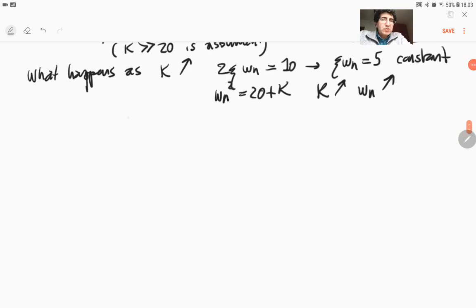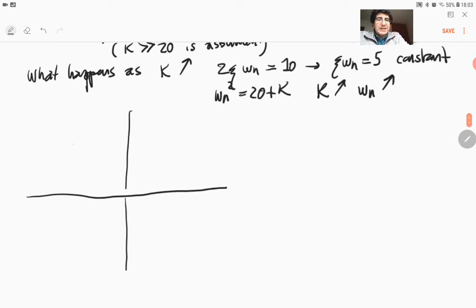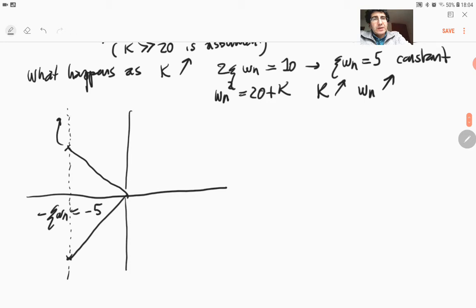So if we want to sketch the pole zero diagram, we see that psi omega n, which is the real part of the poles, is equal to minus 5. So this is constant over here. But as I increase K, I am basically moving away from the origin.